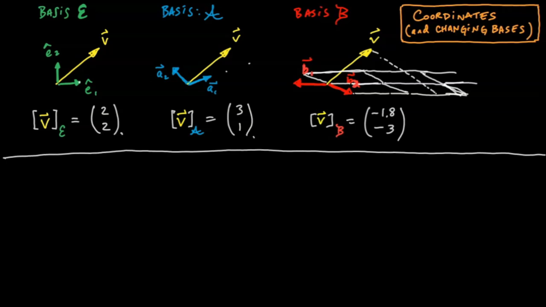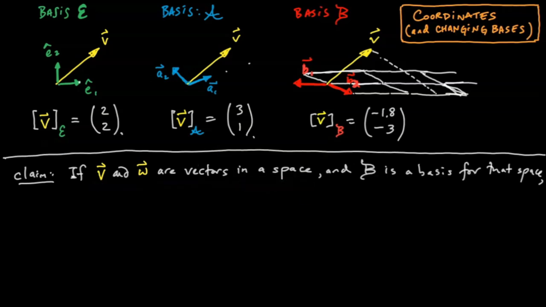But first, I have to tell you something, a little technical result, important though, about this notation we are using. If v and w are vectors in some vector space, and fancy b is some basis for that vector space, then two equations are going to hold.